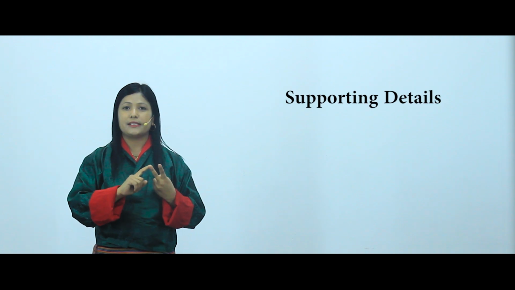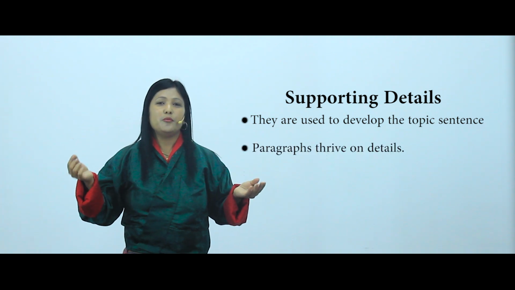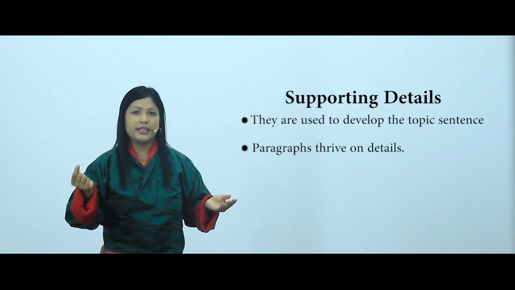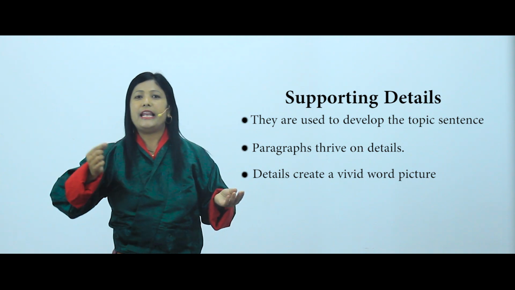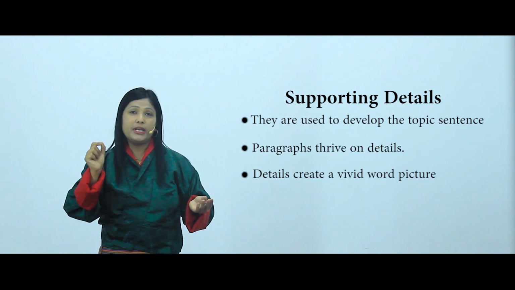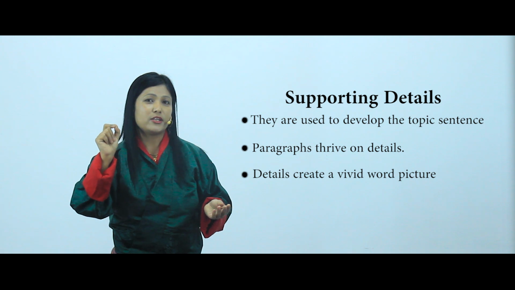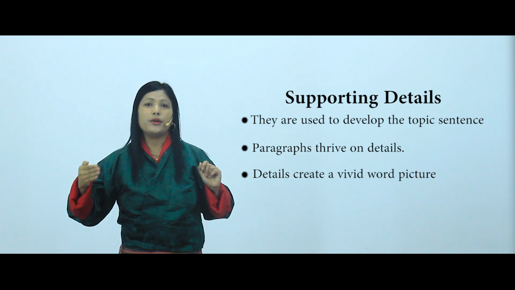Going on to the second one, the supporting details. Since you have the topic sentence, which is very clear, supporting details will also be very easy for you, because now the thing that you need to do in supporting details is elaborate. Elaborate on the main idea that you have used in the topic sentence. You will go on elaborating.